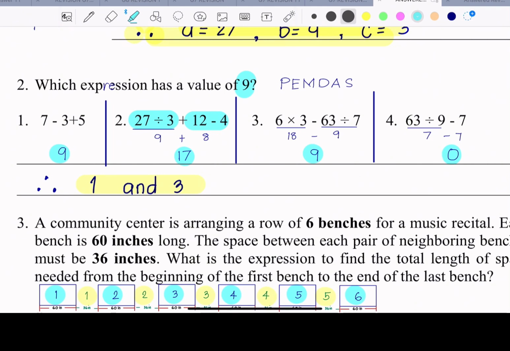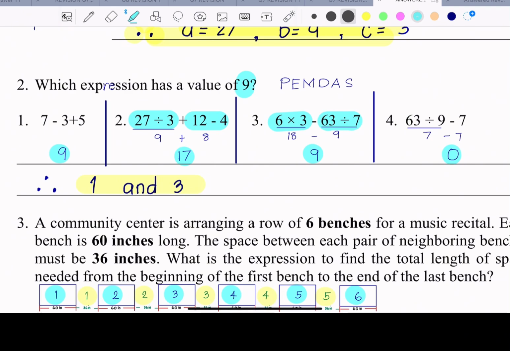Number 3, multiply first. 6 times 3, and that is 18. Then we could also group this one. 63 divided by 7, divide, then we have 9. Finally, we can subtract 18 minus 9, or 9.